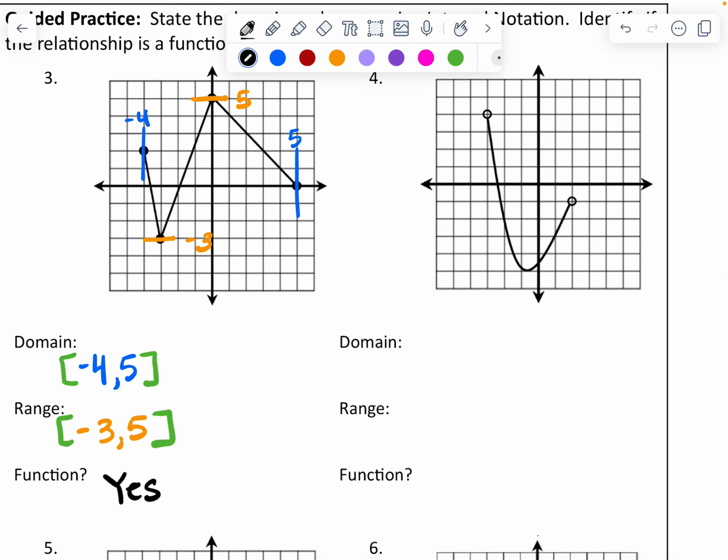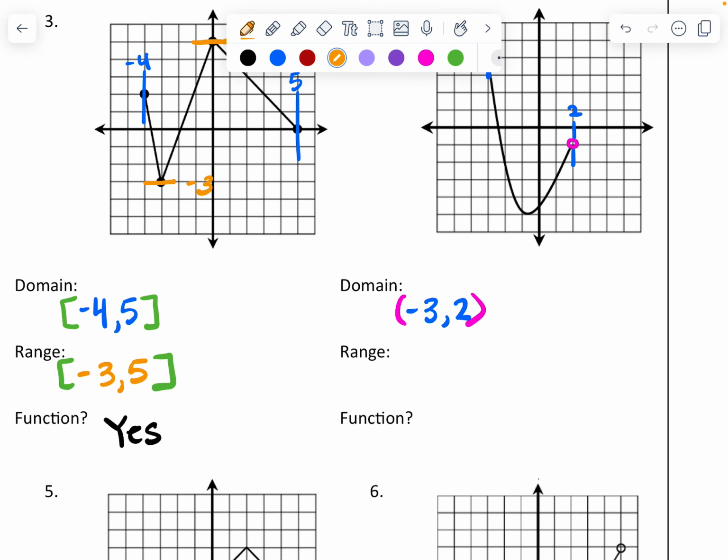Number 4, the domain. So the farthest left is this part here. This would be at -3, and the farthest right would be at +2. Now I have open circles for both of these, so I'm going to use parentheses.